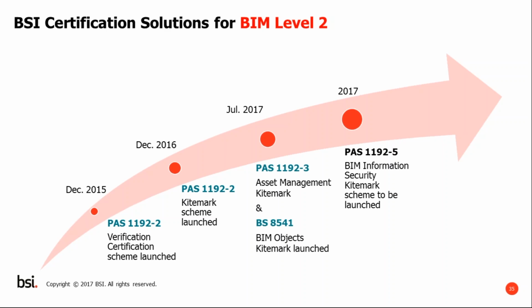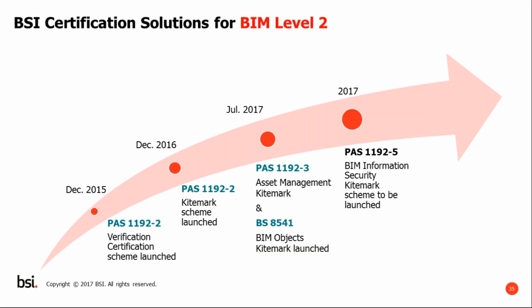This year we've launched a scheme on Asset Management Kitemark. We also launched a scheme on BIM Objects; there was a webinar earlier today on that. And finally, we are planning on launching our scheme against PAS 1192 Part 5, information security, later in the year.